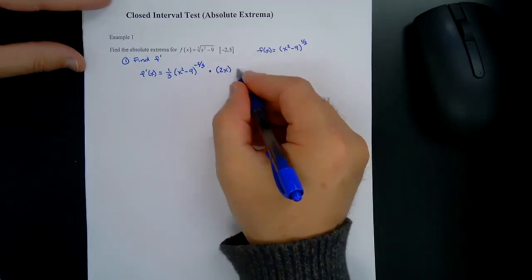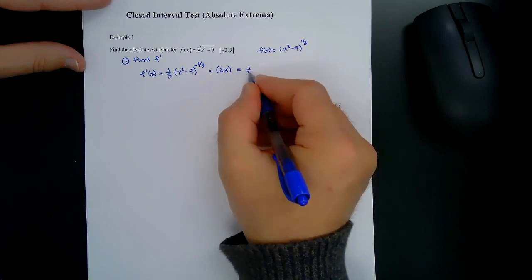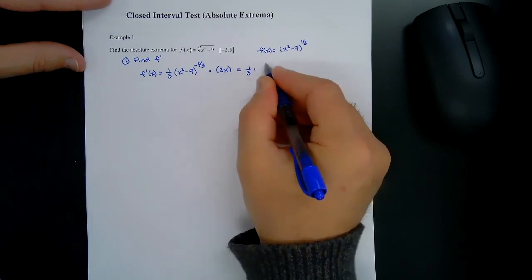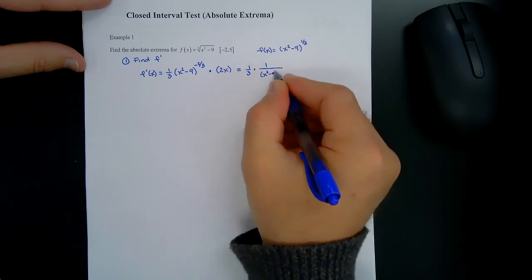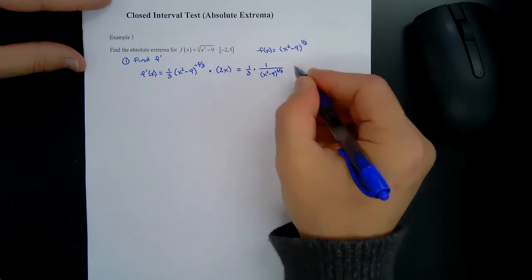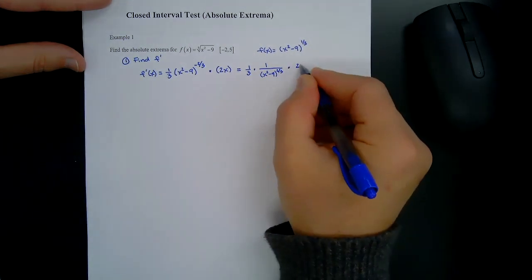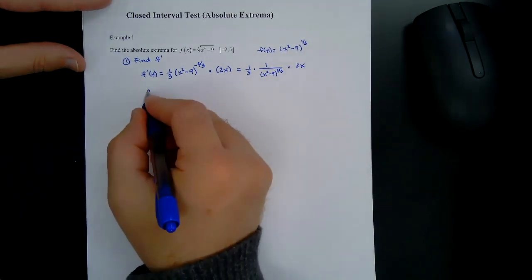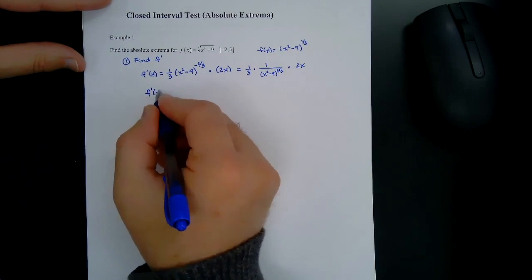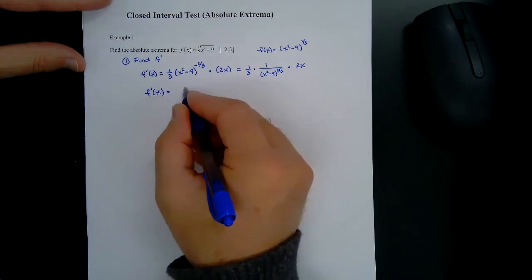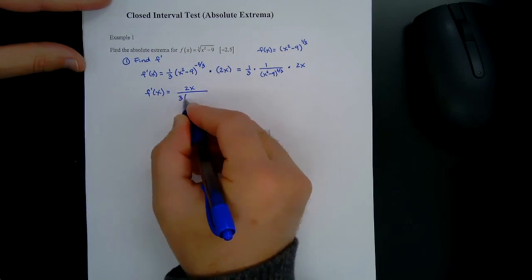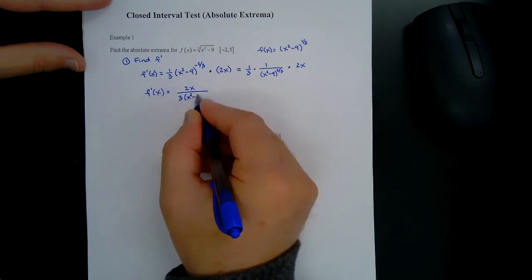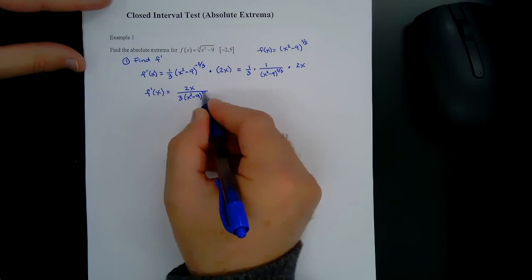Okay, so then this is 1/3 times 1 over x squared minus 9 to the +2/3 power times the 2x, right? So writing this as one fraction, f prime of x becomes 2x over 3 times x squared minus 9 to the 2/3 power.